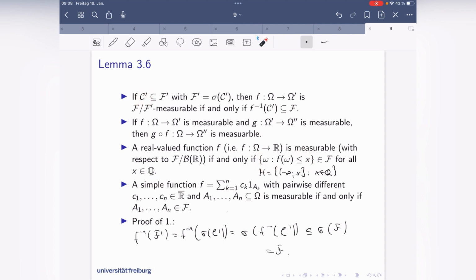And in the first property, we saw that we need to check the property F to the minus 1 of C prime only on the generator. And this is essentially what happens.